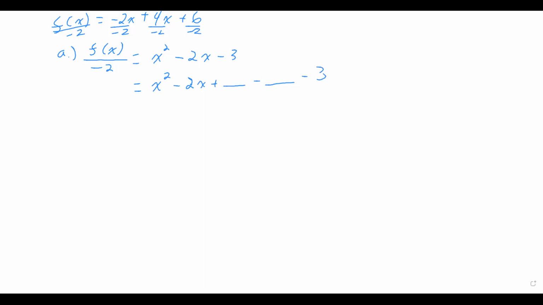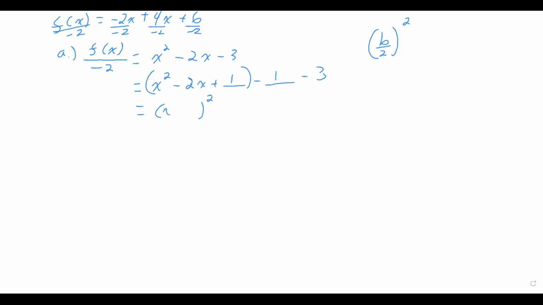Now do y'all remember how you get the blank? b divided by 2, squared. That will not be given to you, so make sure you remember that. So that's 2 divided by 2, which is 1, 1 squared, which is 1. Very good. This right here factors into this nice binomial that's squared.